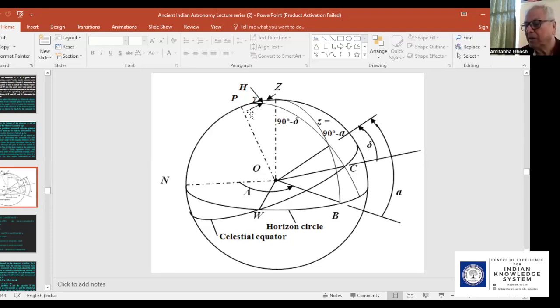So then you need the conversion from the equatorial to the horizontal system. It will be perfectly all right using the same kind of system which has been given. Now I will show it also in a little more detail.